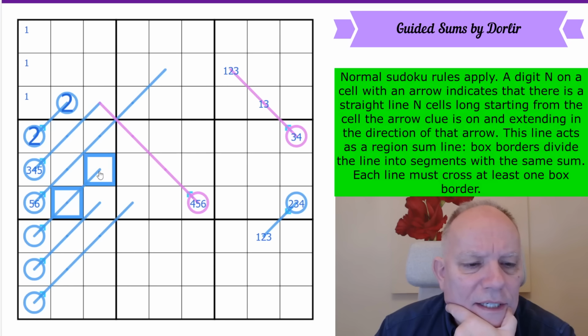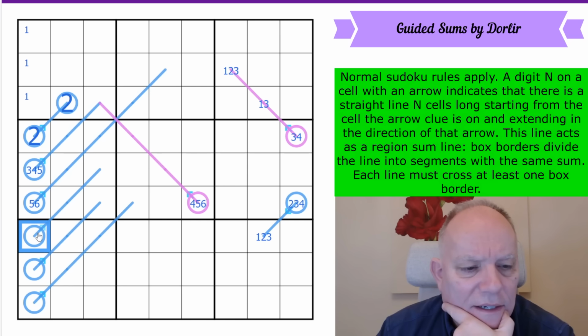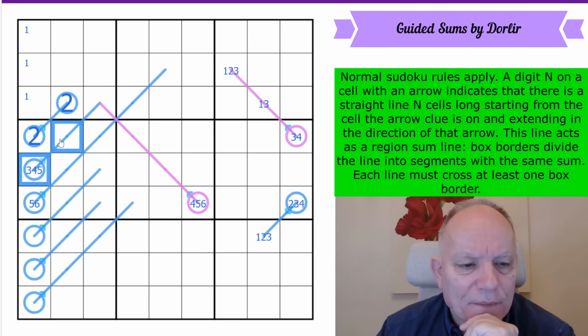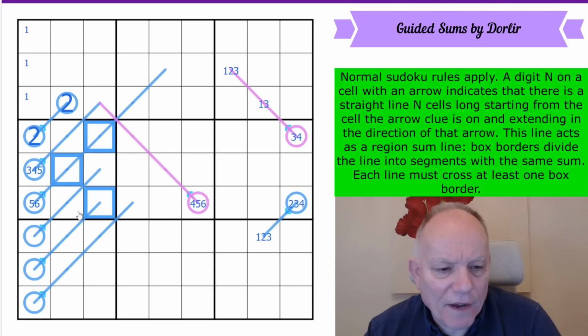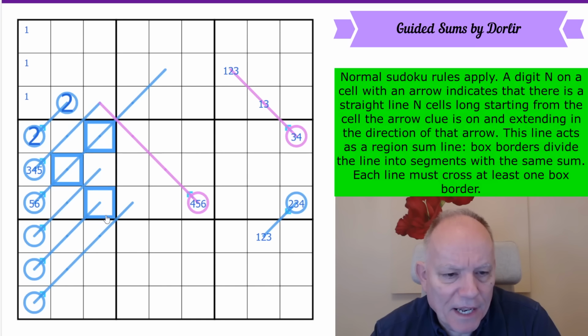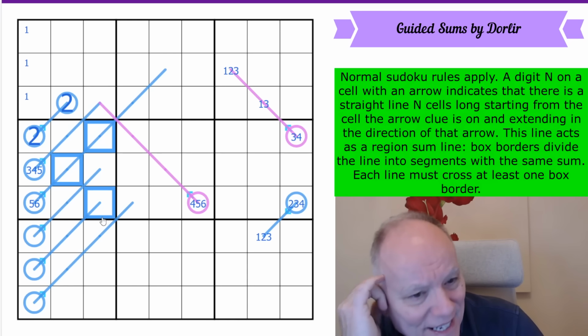Right, 9 doesn't go on this line because those two digits add up to that, and that can't be higher than 9. And it doesn't go here for the same reason. So 9 in the box goes on one of the lines that could either be longer. I mean, it's interesting. It doesn't really get anything done.